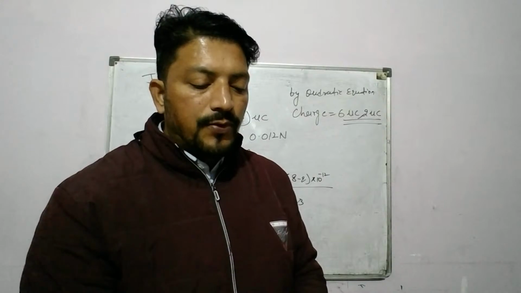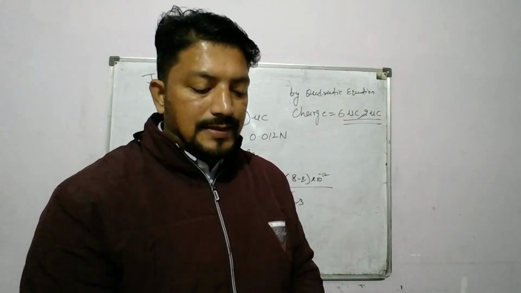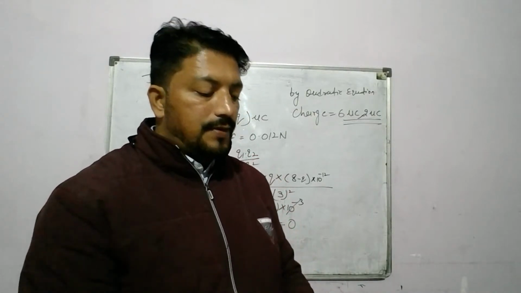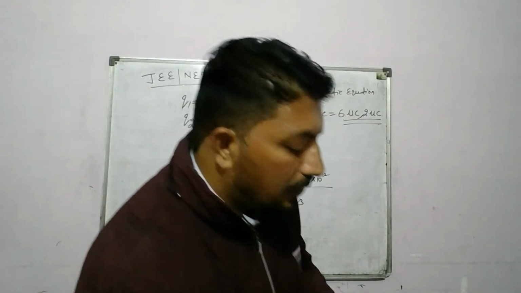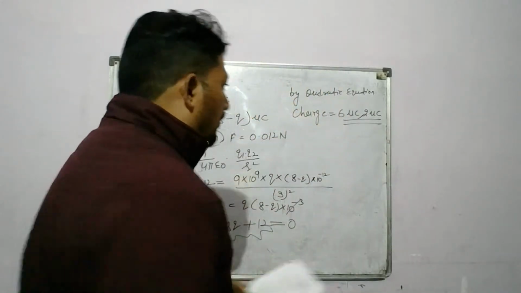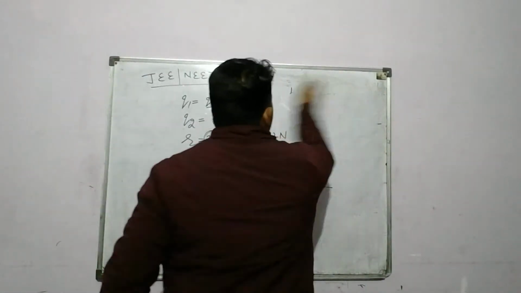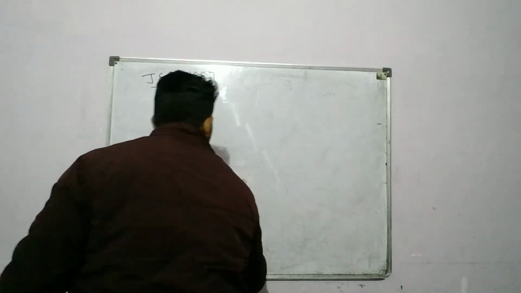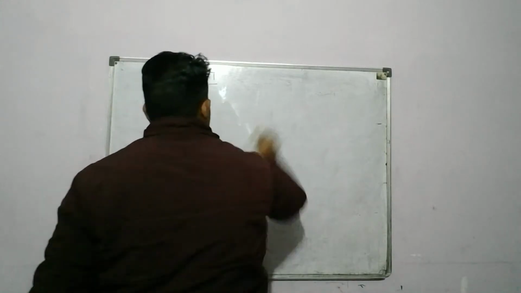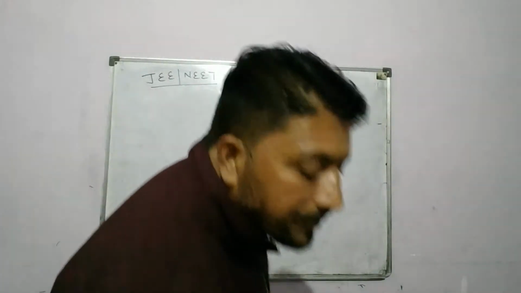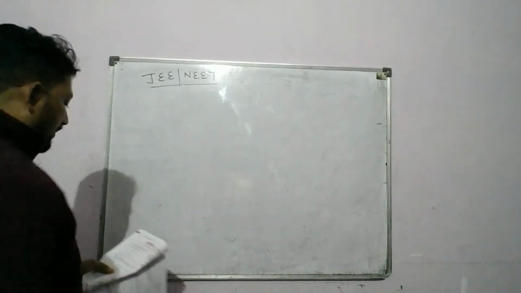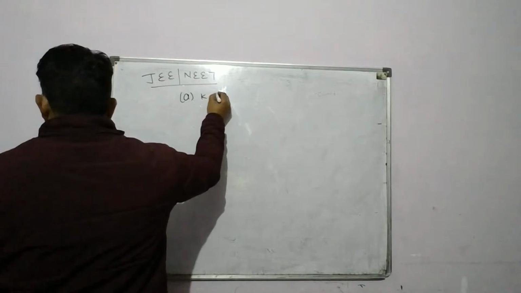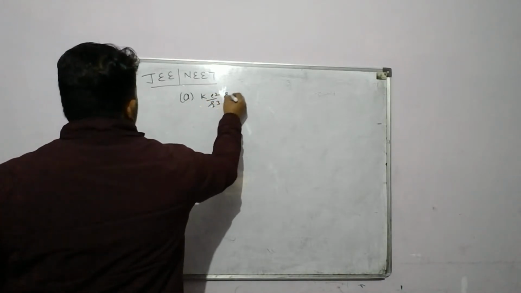The Coulomb force F between the two is, mean they ask for Coulomb force. Option A is k e square upon r cube into r vector.